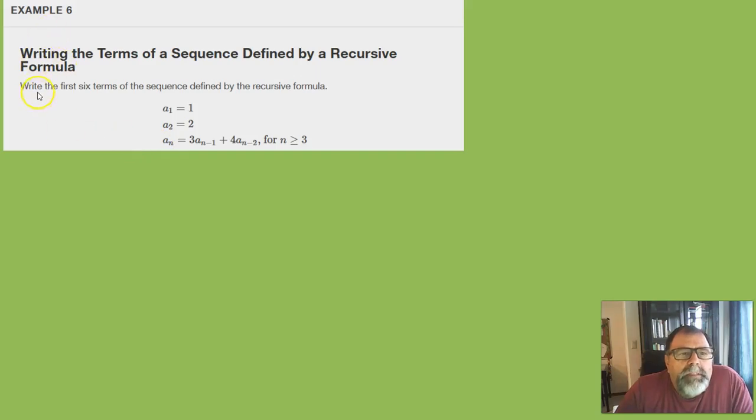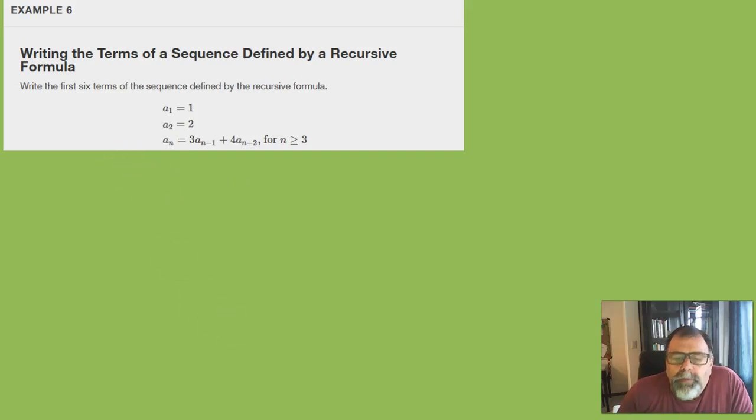Okay, so example 6, write the first 6 terms of the sequence defined by the recursive formula. So here they give you 2 initial ones, first term, second term, and then for all the subsequent terms, you take the 2 previous terms: the one that's right before it times 3, the one that's 2 before it, right, and times it by 4.